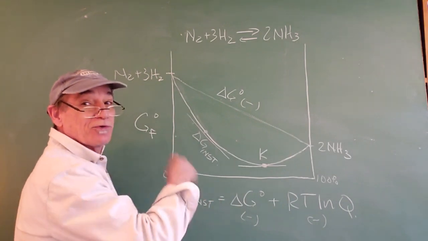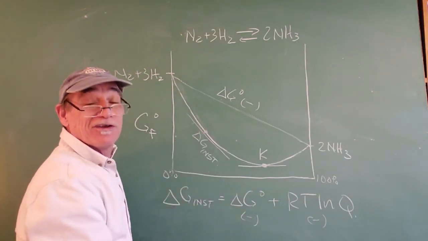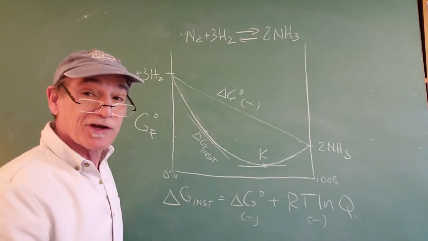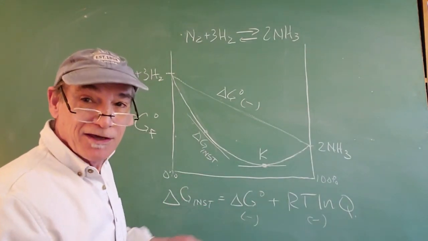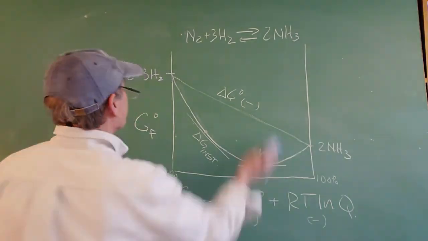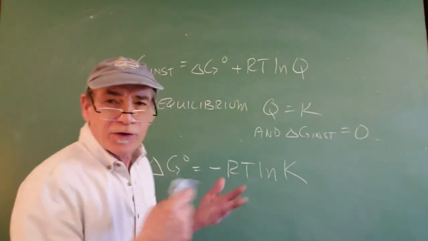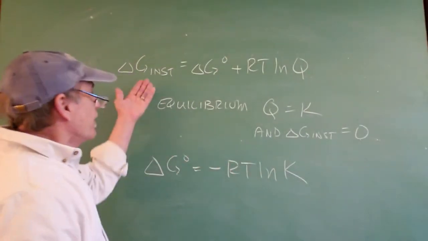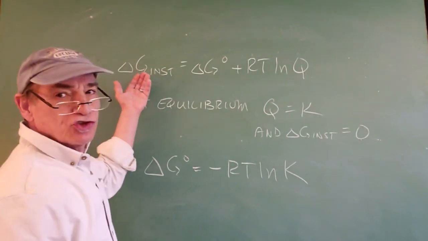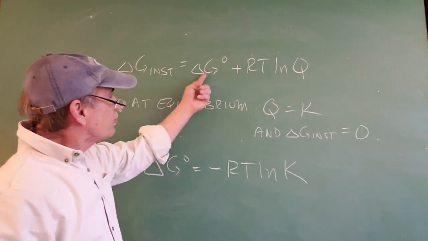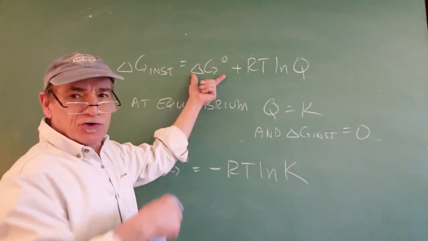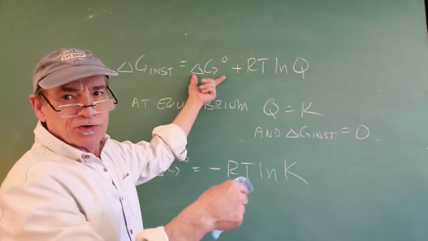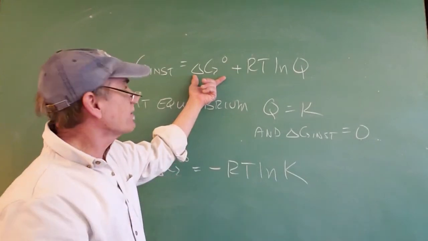All right, well, let me erase this, and we'll rearrange this equation and get us a usable mathematical relationship between K and the delta G. Okay, so the equation we just had on the board, the instantaneous change in G, would be related to the overall change in G that we could determine by using just the Gibbs free energy of formation, products minus reactants.